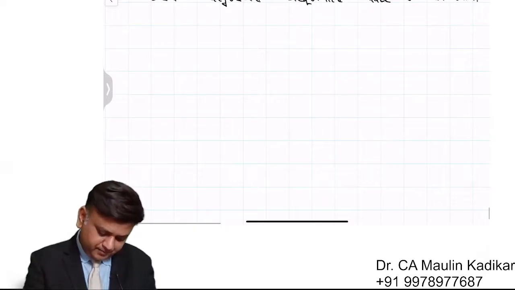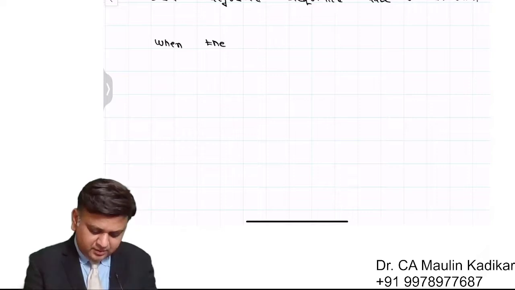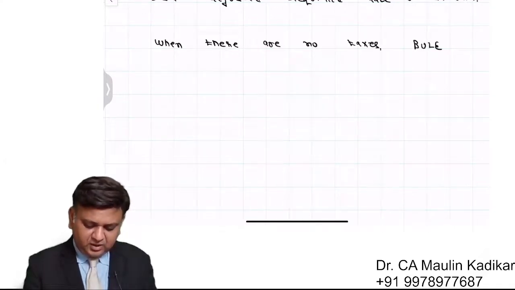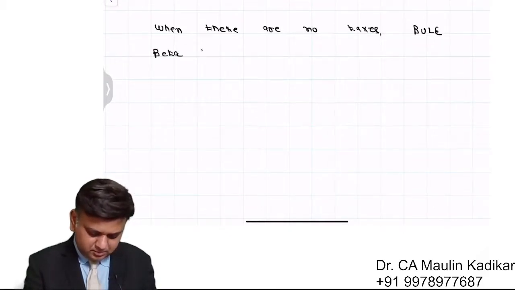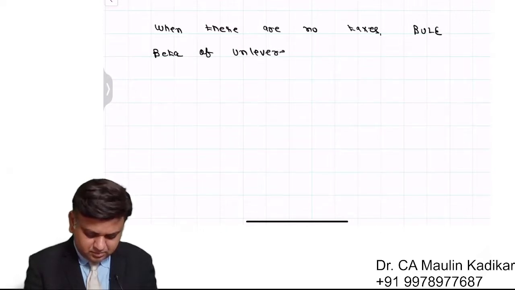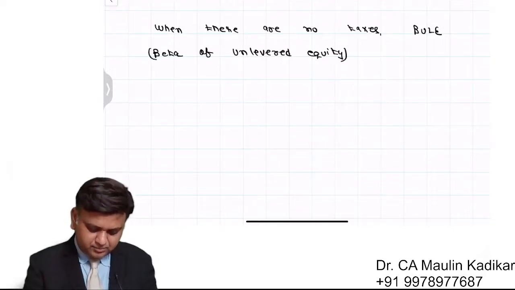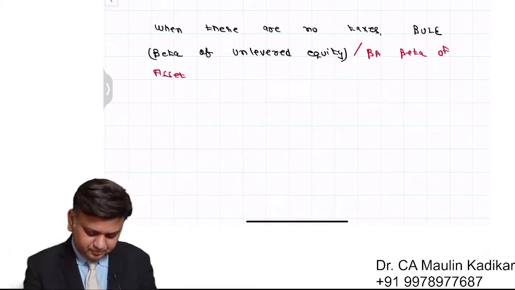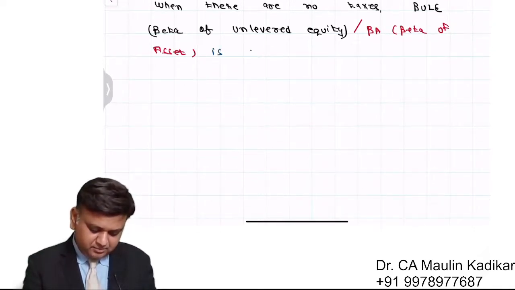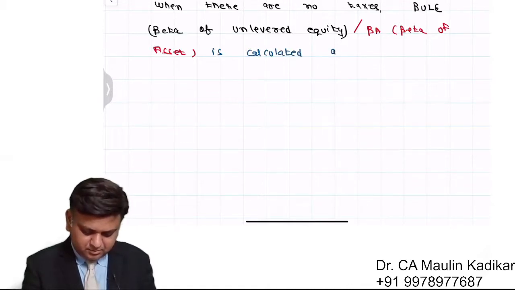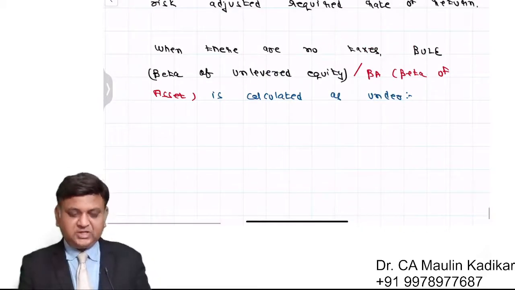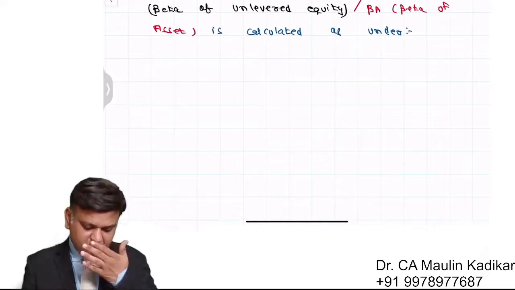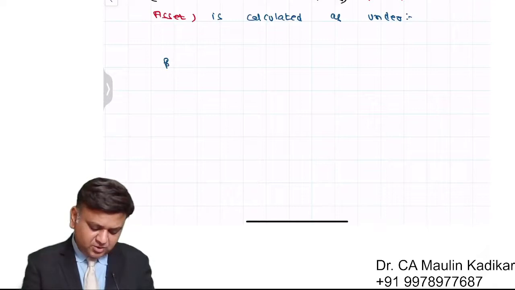With paragraph write down: when there are no taxes, beta of unlevered equity, also known as beta of asset, is calculated as under. तो अगर टैक्स नहीं है तो बीटा ऑफ अनलीवर्ड इक्विटी को बीटा ऑफ द असेट या बीटा ऑफ द पोर्टफोलियो असेट भी बोला जाता है. उसका कैलकुलेशन बहुत ही आसान है.